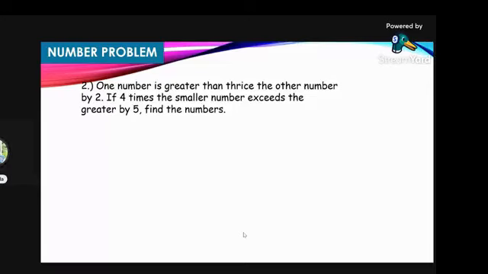Okay, so si number 2, medyo complicated si number 2, kasi we will be using 2 variables since we are dealing with 2 numbers.